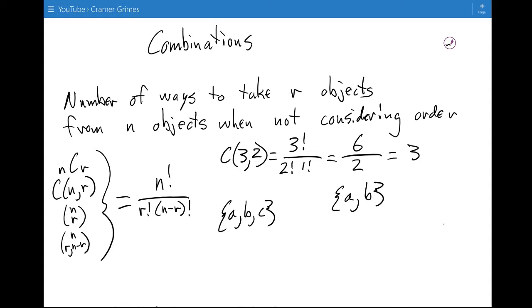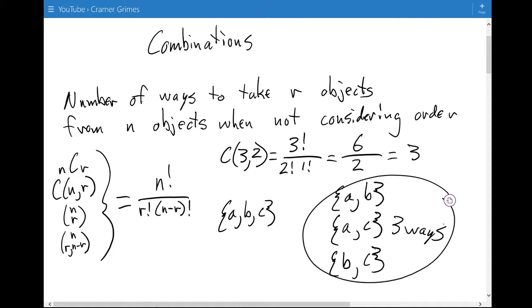Order doesn't matter. I could do AC, and then lastly, I could do BC. So there we have our 3 ways. Okay? So now that we understand a bit more about what combinations are, let's do a few problems.